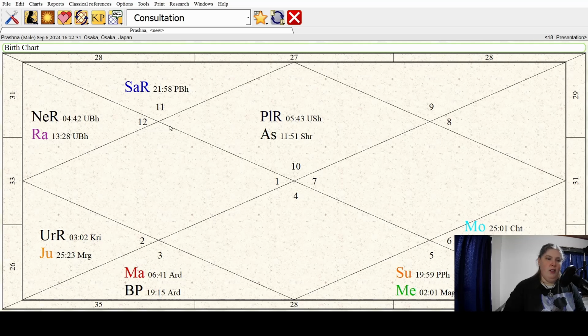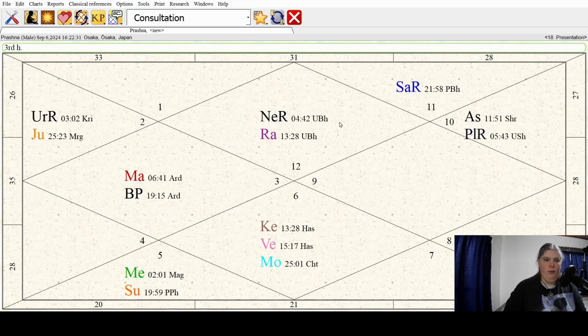But now we're going to make this the ascendant. Okay. So, the Aruda Lagna, the Aruda ascendant. How the world perceives you. Okay, so with this, we now see Pisces with Rahu sitting there.